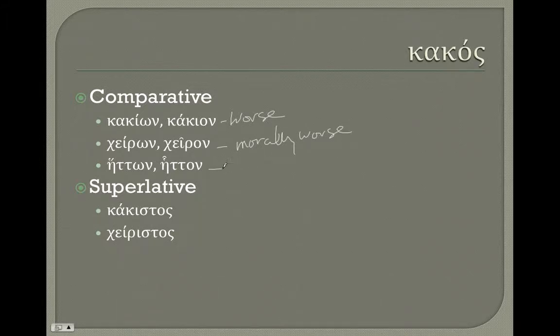And then hetton is weaker, worse, in that sense, less. And the superlative kakistos, worst, generically speaking, you just simply want to say something is worst. And cheiristos, this is morally the worst. Right, so there is no comparative for hetton or the superlative.